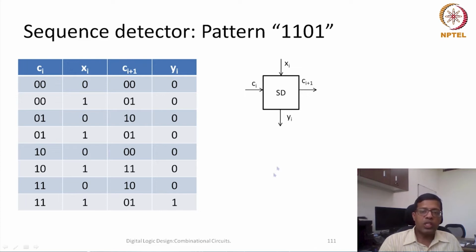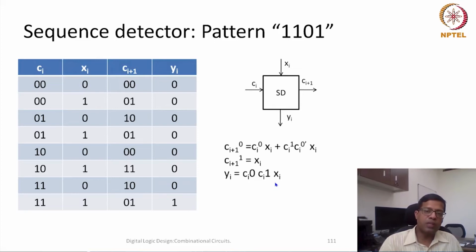If I write all these Boolean equations using my truth table, then I'll have equations something like this, which say that the 0th bit of Ci plus 1 would be determined with this equation, the first bit of Ci plus 1 would be determined by xi, and yi would be determined by these three. Basically all of these conditions have to match. This has to be 1, this has to be 1, this has to be 1, then the output would be 1.